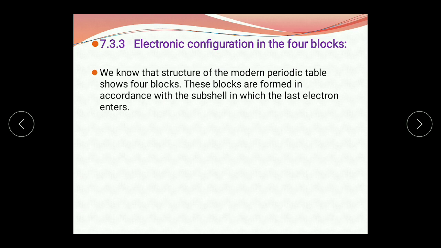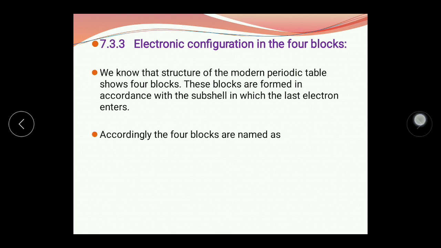That means we have to write the electronic configuration, and if the last electron is in the s subshell, then that is an s block element. Take any element in the p block, write down the electronic configuration, and you will observe that the last electron enters the p subshell. That means the arrangement of the modern periodic table in 4 blocks is based on the elements in a particular block having the last electron in the same subshell.